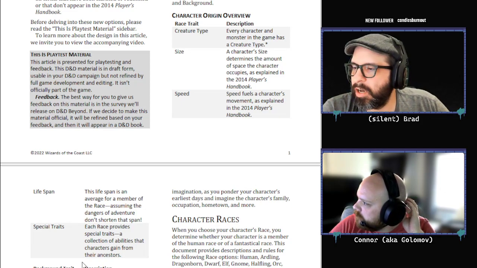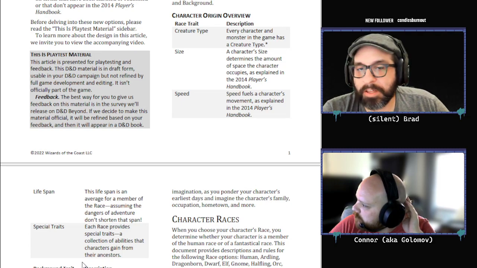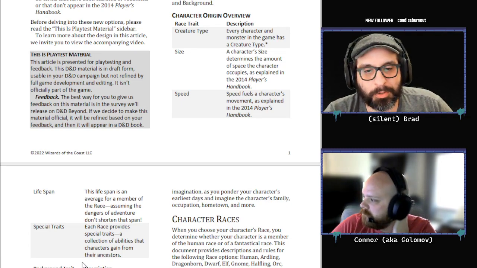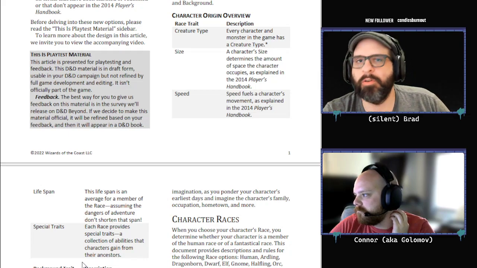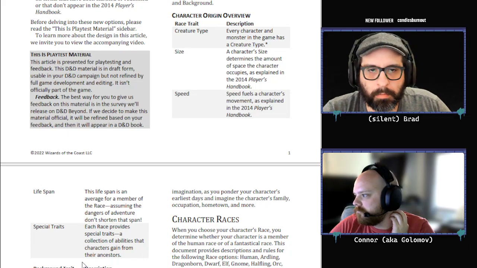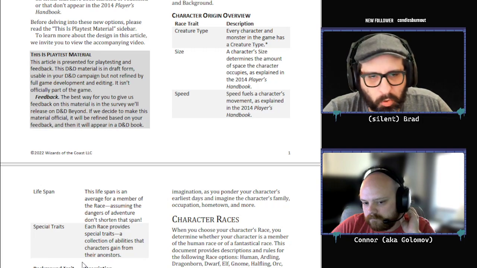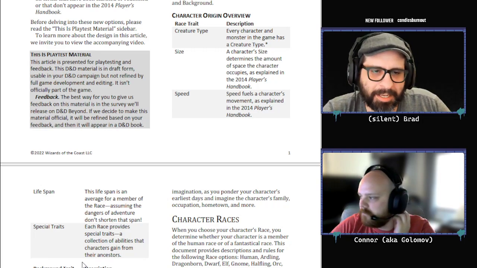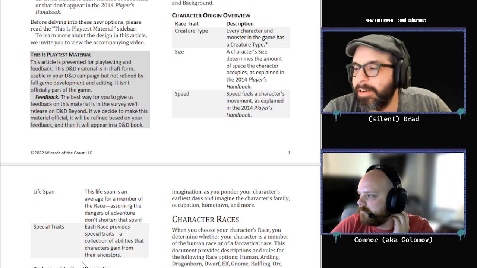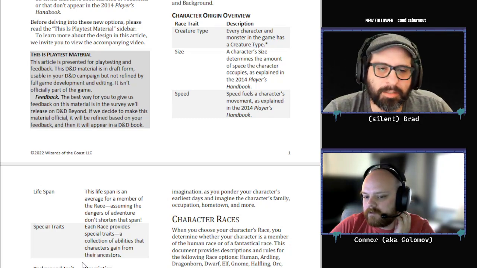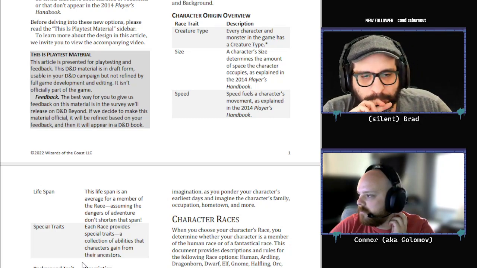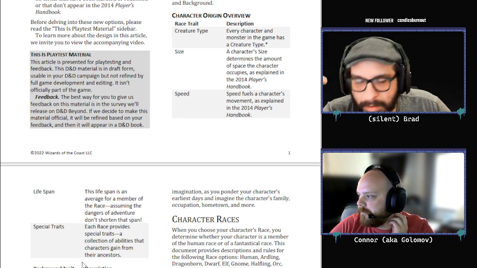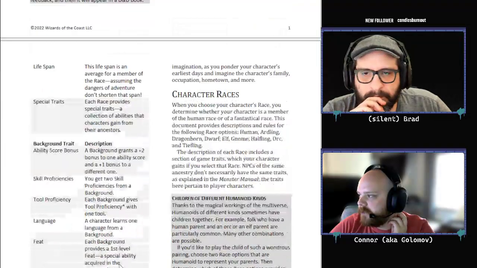You get a lifespan, which is something that they took out of the last 2 book releases. Everyone is 100 years old except for elves and dwarves. And now they're adding it back in. And then each race gets a special trait.